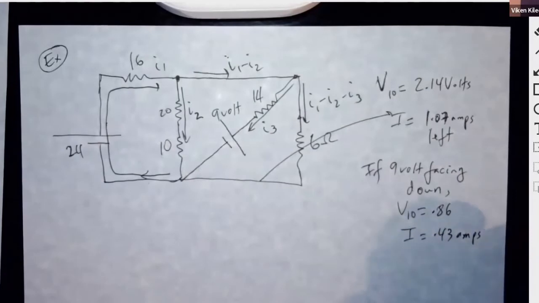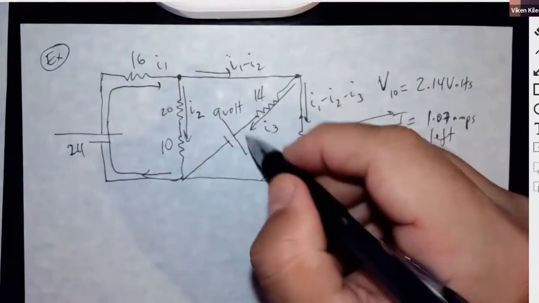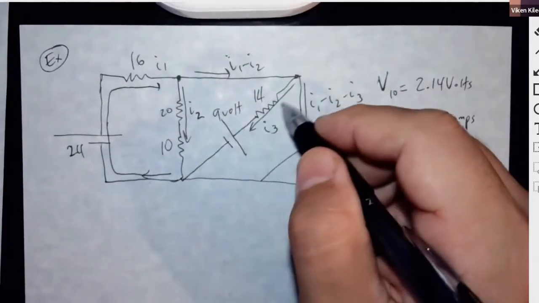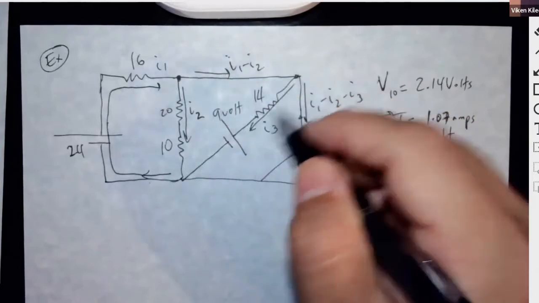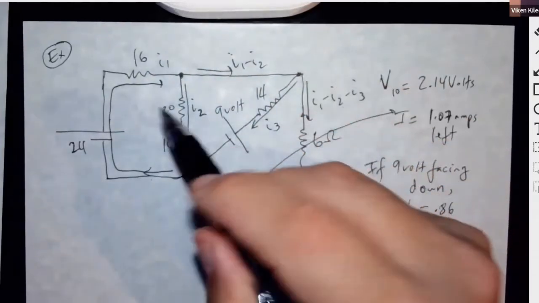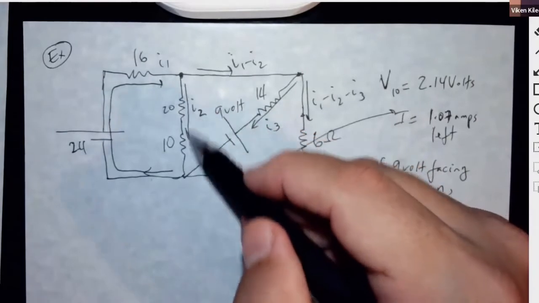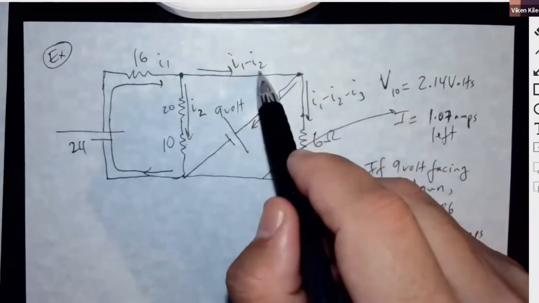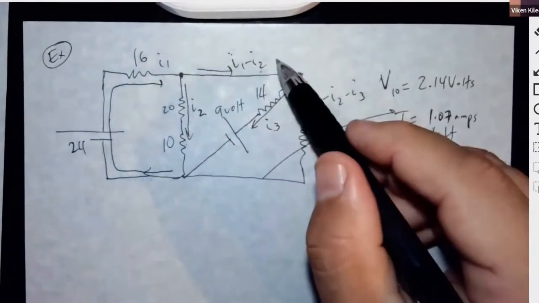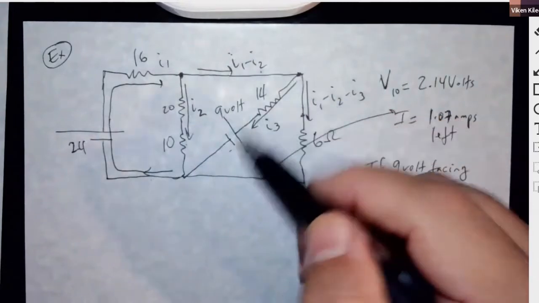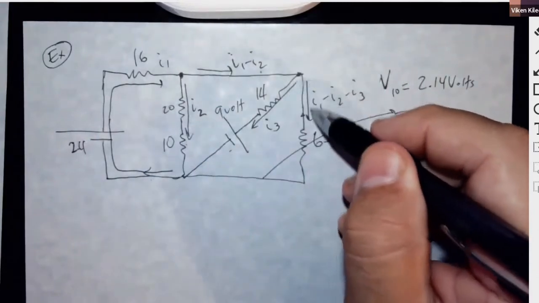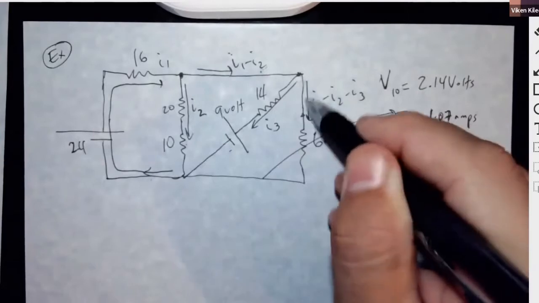So I'm not really looking at the direction of the battery necessarily when I'm doing this breaking up stuff. I'm just saying some current comes, part of it breaks here, the rest goes this way, then part of it breaks here, and the remaining of that goes this way.